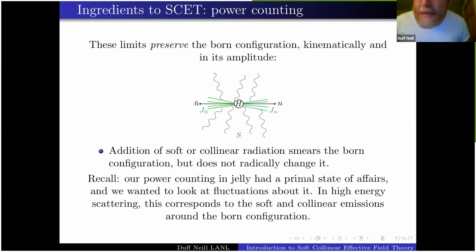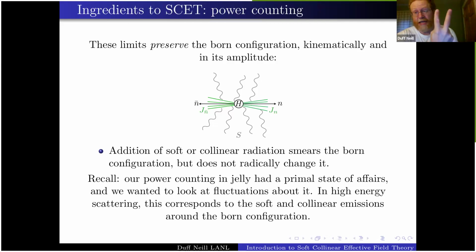And this should be a point that goes back to what we were discussing with our jelly. When I wanted to talk about a power counting, I always had in mind that there was some sort of primal state of affairs, and my power counting was telling me how I'm going to do fluctuations or displacements away from that primal state of affairs. In the high energy scattering process, the primal state of affairs is whatever is the Born configuration that I'm really interested in.